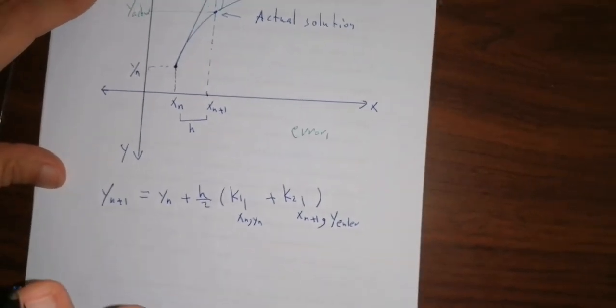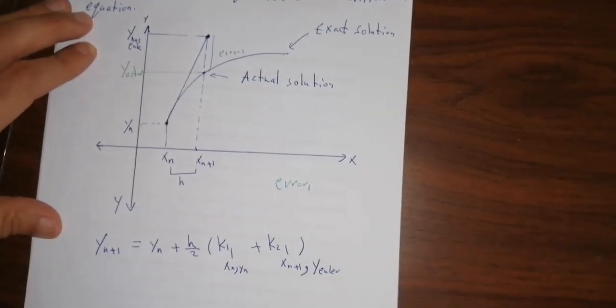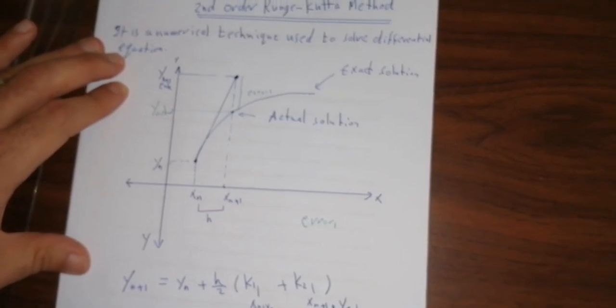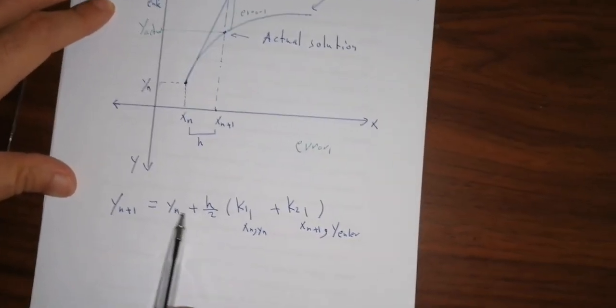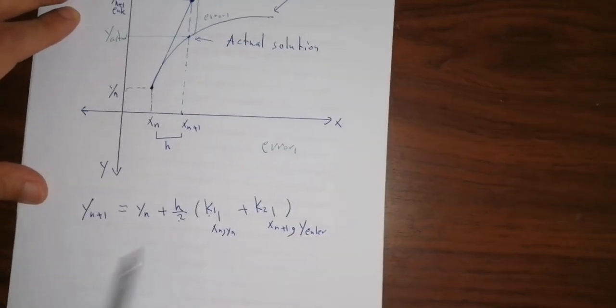So second order Runge is based on Euler, because it is already proven. We see here yn plus 1 equals yn plus h over 2 times k1 plus k2.